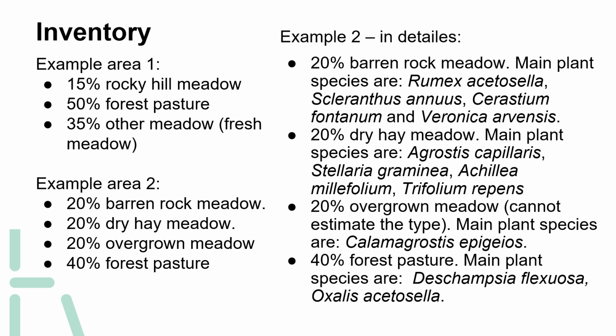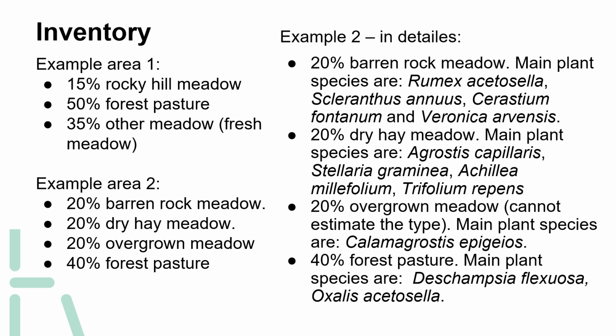And if some area is totally wild with a lot of plants and maybe you could even see nettles, so there are too many nutrients, then it's an overgrown meadow. And if the rest is forested and used as a pasture, then it could be forest pasture.